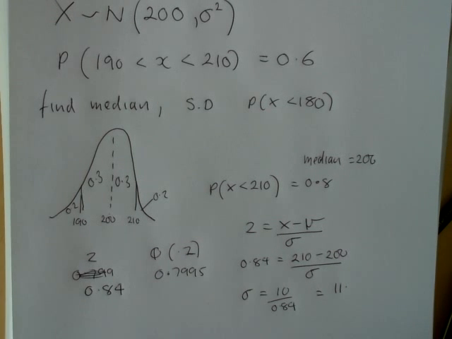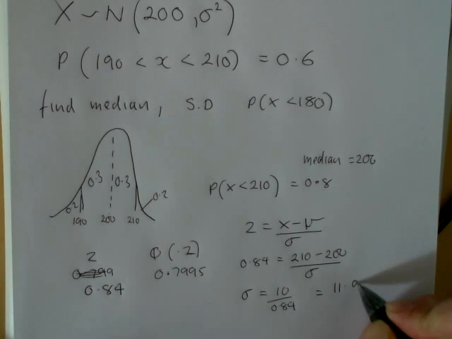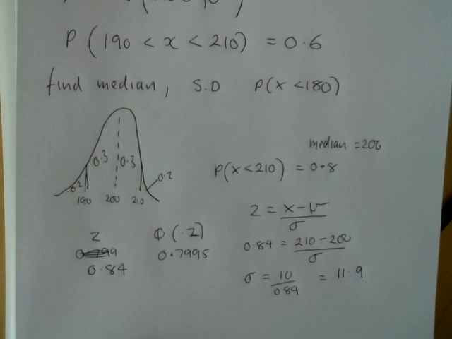I'll just quickly do that on the calculator. Yep, 10 divided by 0.84 is 11.9. So now we have the standard deviation.